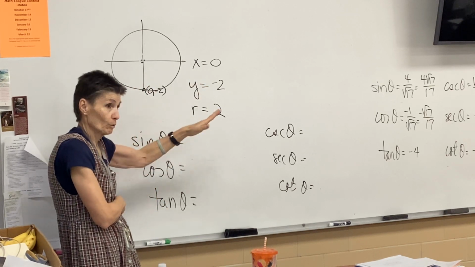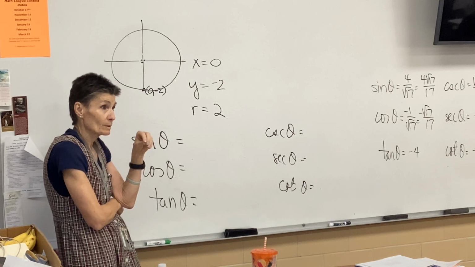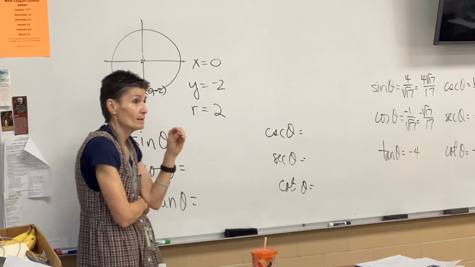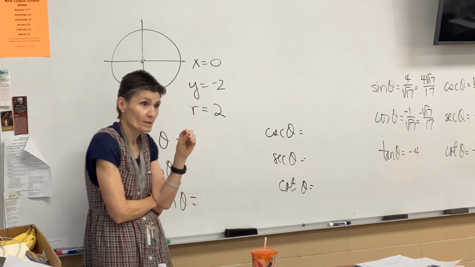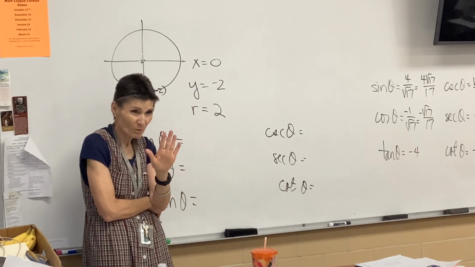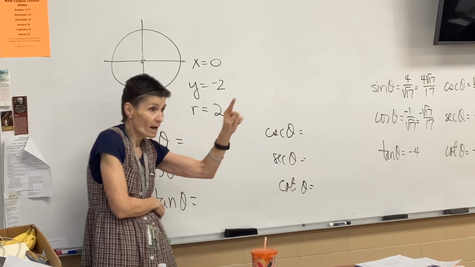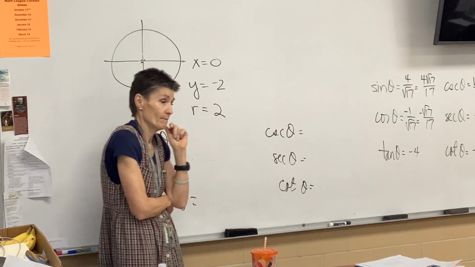Now look at your orange sheet. Certainly sine is opposite over hypotenuse, but I can't use that definition if I don't have the triangle. So what's the other definition of sine?